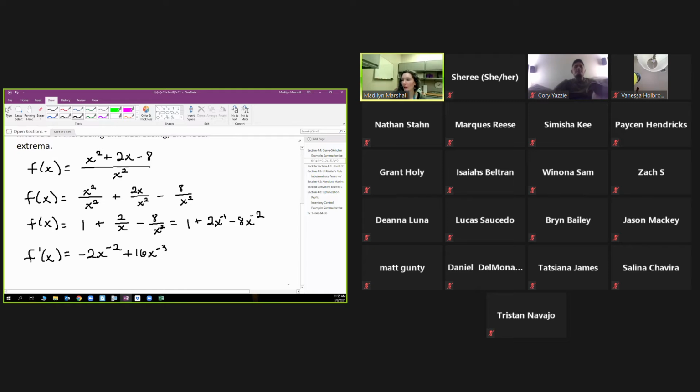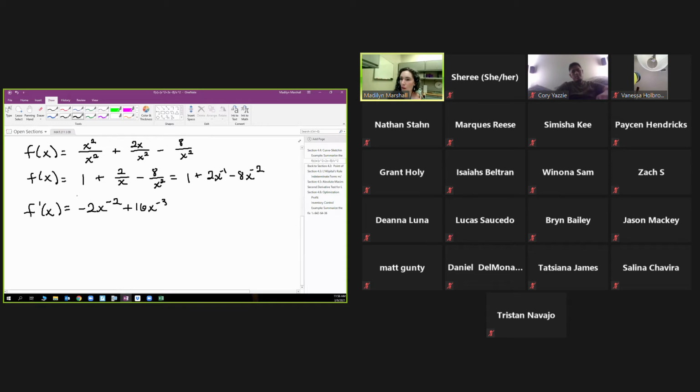So we would have to go back to having x in the denominator and putting it back into a rational function. So now that we've done the derivative, this is now negative 2 over x squared plus 16 over x cubed.